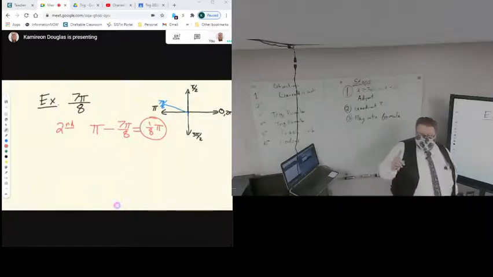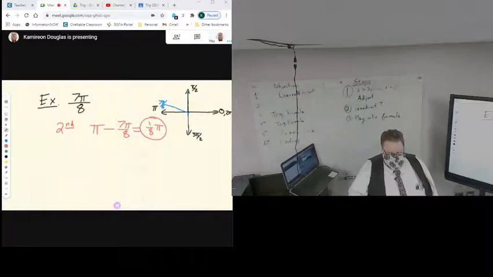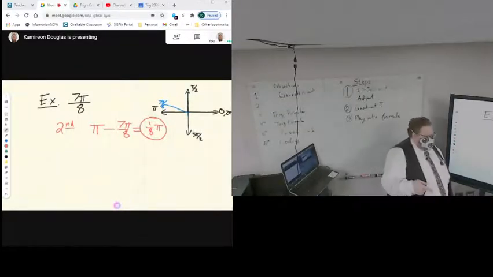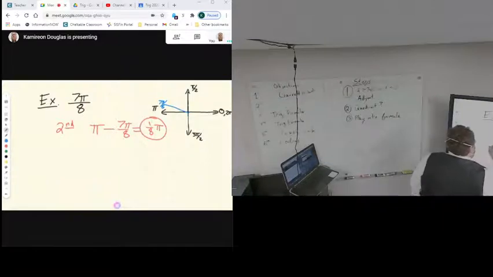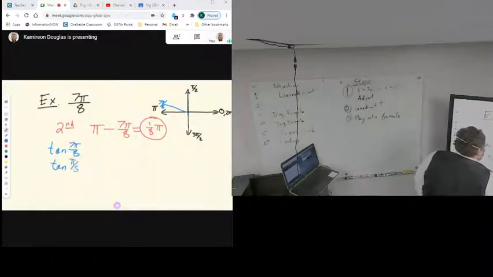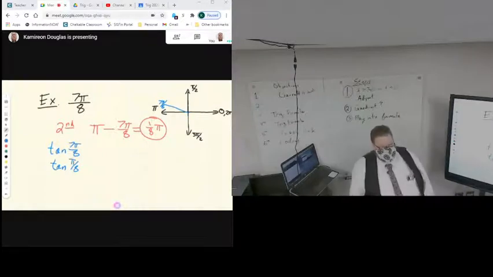Let's see. Ebony and Scott. Ebony, if you'd be so kind, I want you to type in tangent of 7 pi over 8. Scott, I want you to type in the reference, so tangent of pi over 8. Make sure before you do anything else, it is in radians.